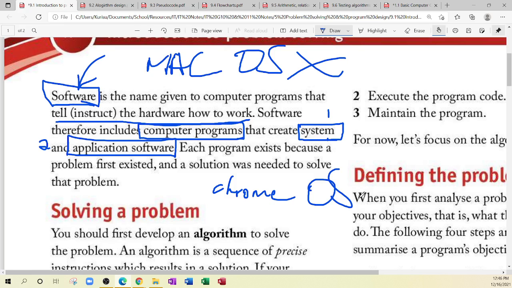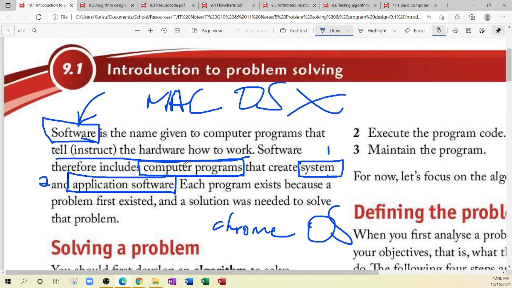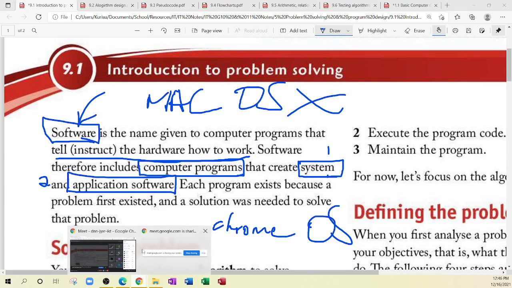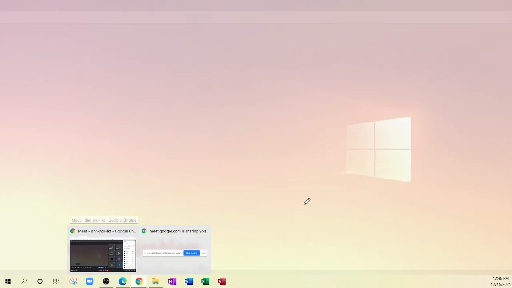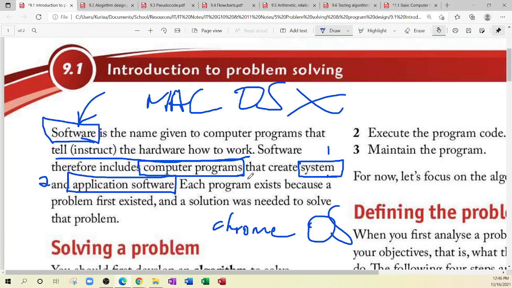See the difference there? So that's why you got to be careful with names. Google Chrome is the application software. That's what you're seeing right now at the bottom of the screen. And Chrome OS is the operating system that runs on Chromebooks.